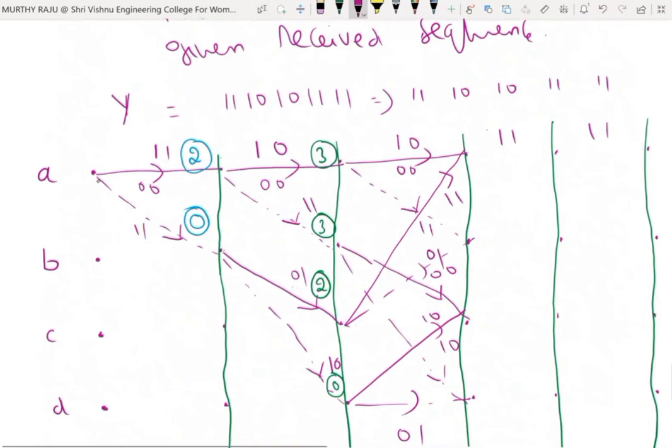This is the path from A to B, from A to A, here 3. This one is discarded. These two are discarded here. This path is also discarded, because of the 3 value here. These two are discarded.